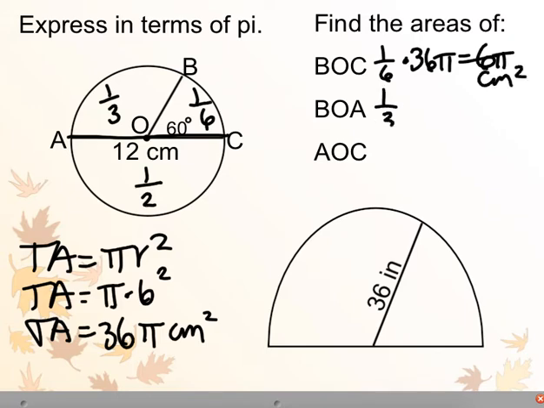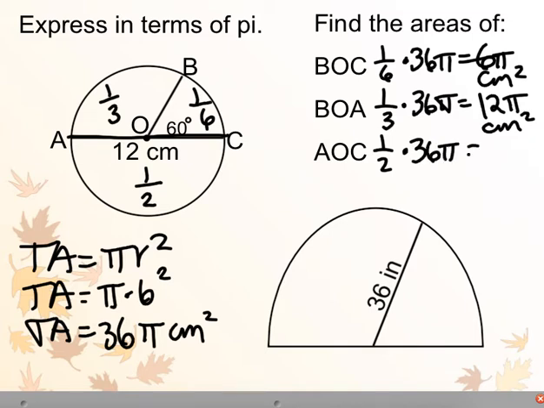BOA is 1/3 of 36 pi, so I get 12 pi centimeters squared, and my AOC is 1/2 of 36 pi, meaning I get 18 pi centimeters squared.